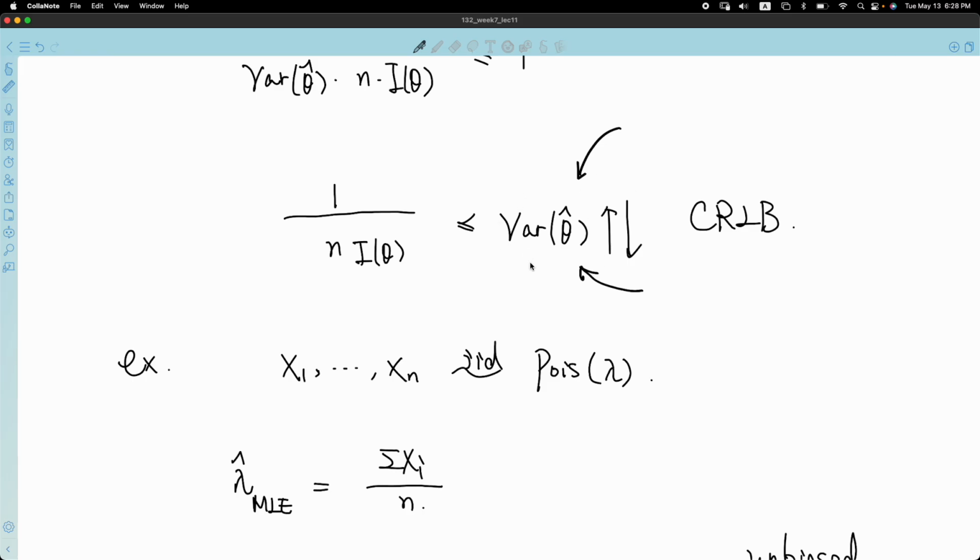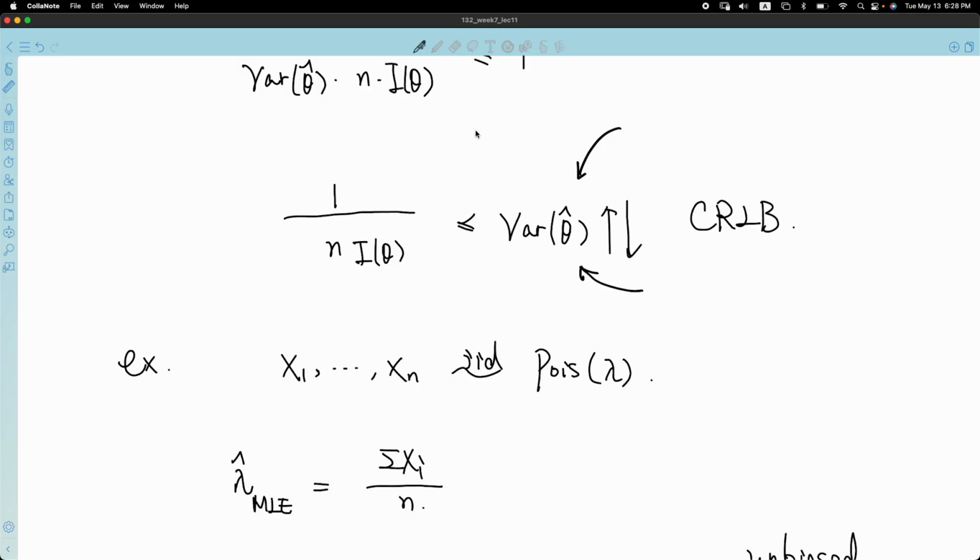This is also a random variable, actually. This is a function of x, and x are random variables, and you are calculating the variance of that. So whether it clusters around the true value, assuming unbiased, depends on how large the variance is. It's just that there's a lower bound for that. You will never go lower than that.